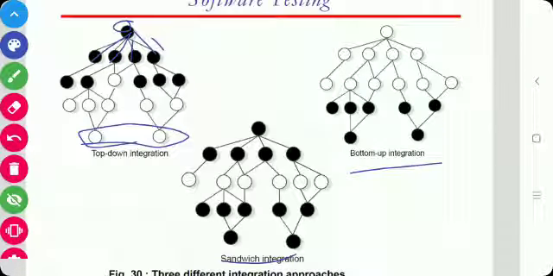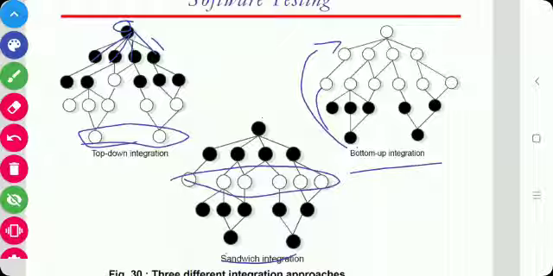In bottom-up integration, the modules are integrated from the bottom towards the top. Whereas in sandwich integration, the modules are integrated from the top and bottom simultaneously, and they meet in the middle of this tree. So these are the three strategies: top-down, bottom-up, and sandwich integration.